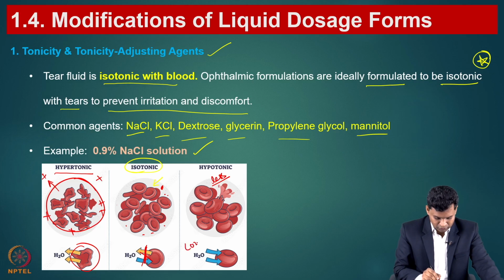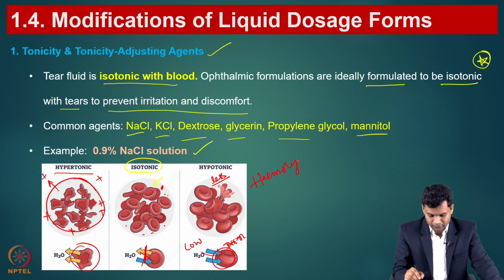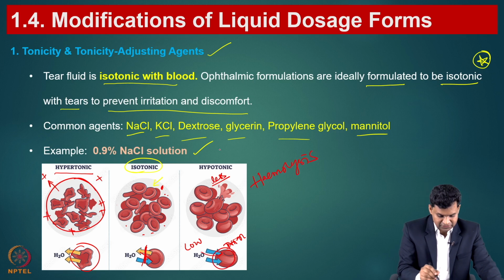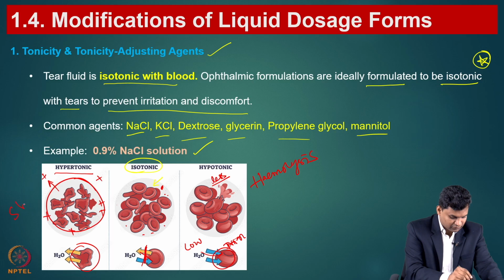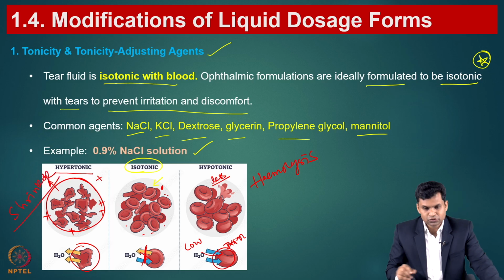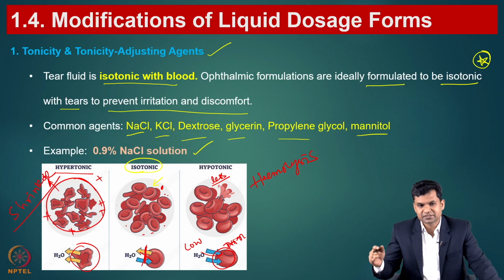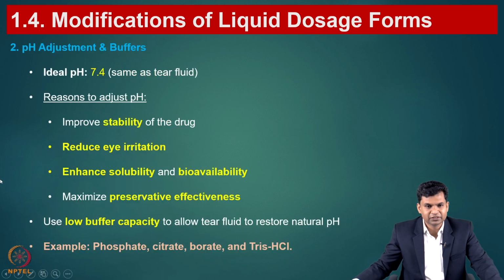Here it is low outside and very high inside the cell, so it is moving from low to high. That leads to hemolysis, and this is shrinkage. So, to avoid this, we need to provide isotonic solutions.